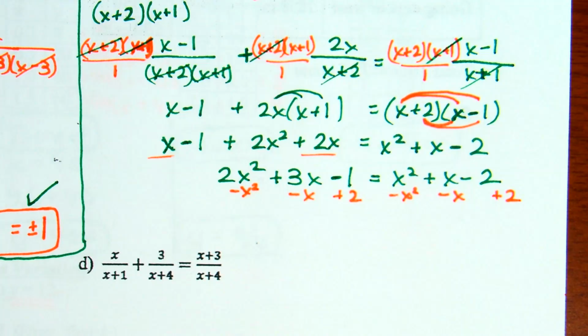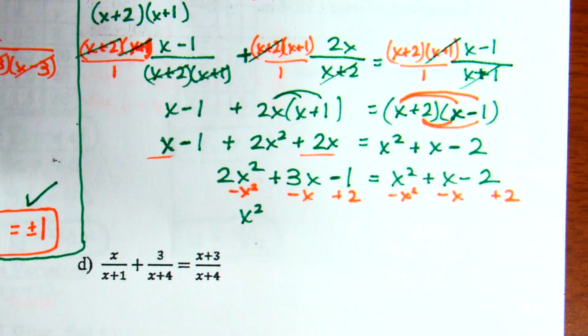Think 2x squared minus 1x squared, which is 1x squared. 3x minus x. Think 3x minus 1x, which is 2x. Minus 1 plus 2, plus 1, equals 0.